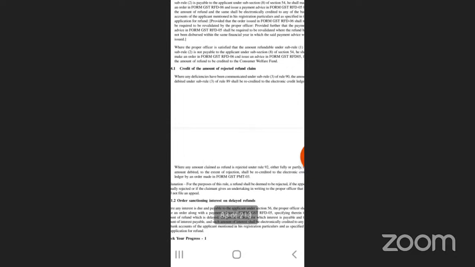So if deficiencies are communicated, the amount can be credited to the electronic credit ledger. And if they decide to reject, they will do it under Rule 92 and issue form GST PMT 03. These are the two situations considered for the rejection of a refund claim.